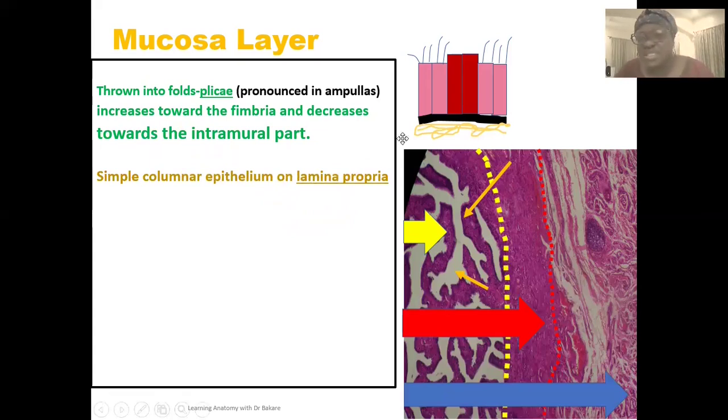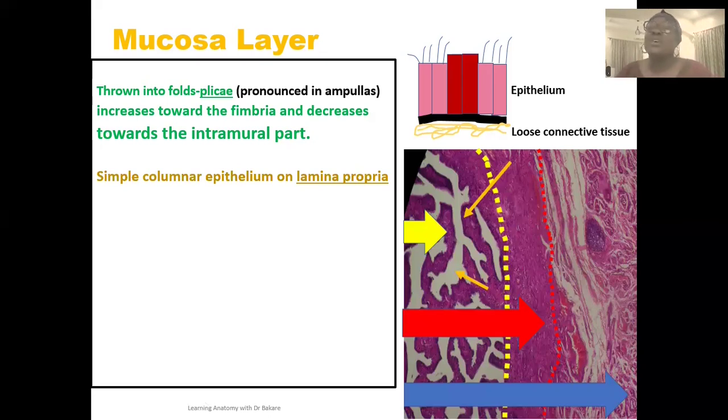If you use this upper image here, this is where we have the epithelium lining at this superior region, while inferiorly the epithelium lining is laid onto the lamina propria. And this lamina propria is a loose type of connective tissue, which is what is seen in this image. This configuration is then thrown into folds, and they penetrate further into the lumen of the uterine tube.